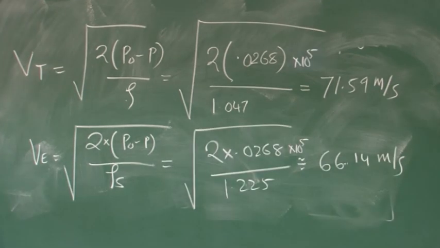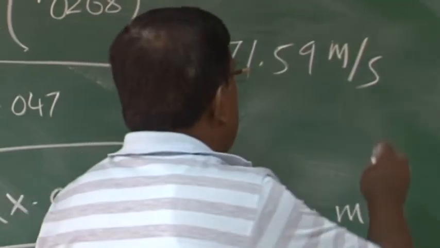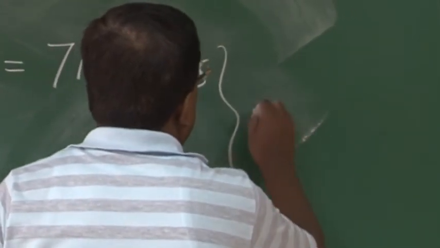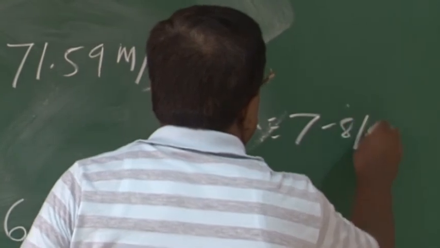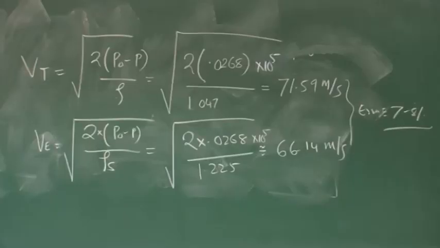The message is true air relative speed is 71.59 meter per second, but V equivalent air relative speed, which is actually what I am seeing in the dial gauge or airspeed indicator, is 66.14 meter per second, and roughly the error is of 7 to 8%. Okay, this will help you in calculating equivalent airspeed and true airspeed.